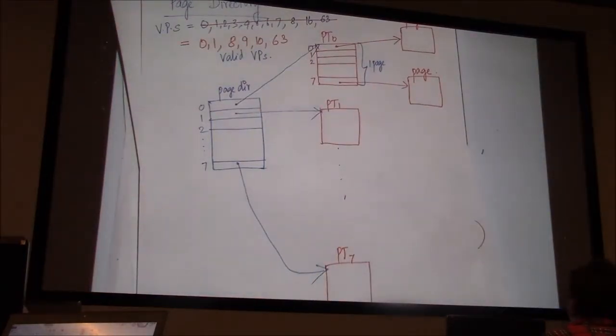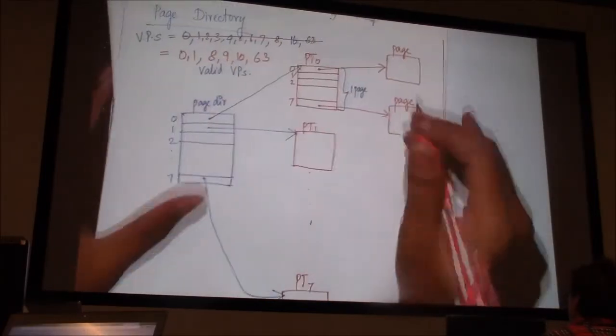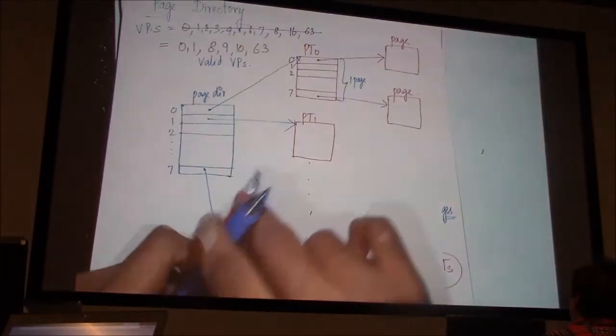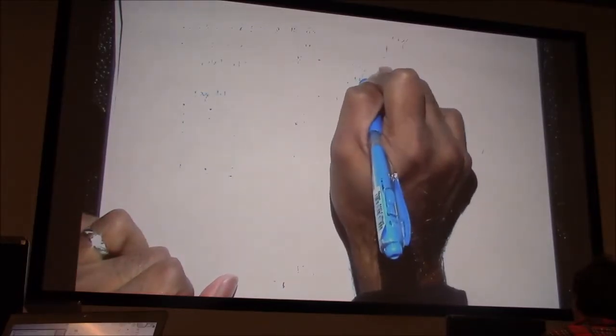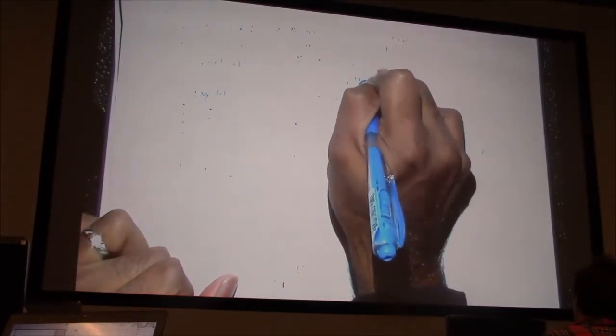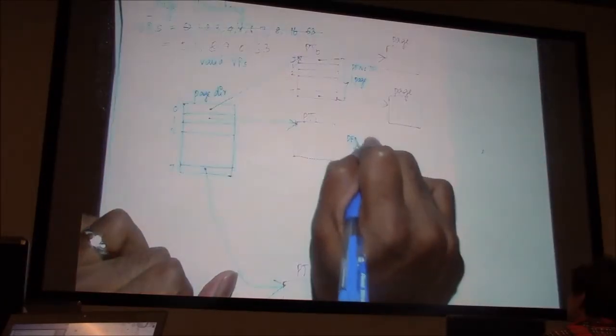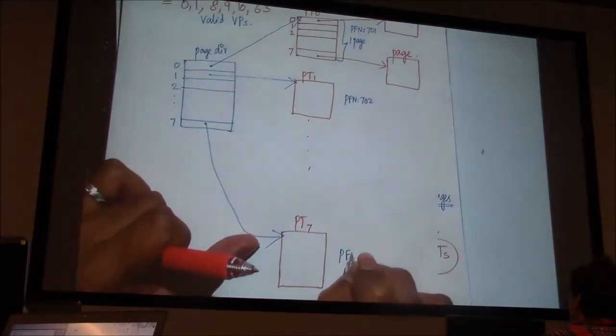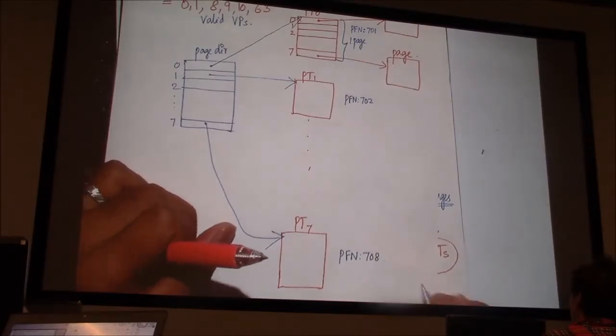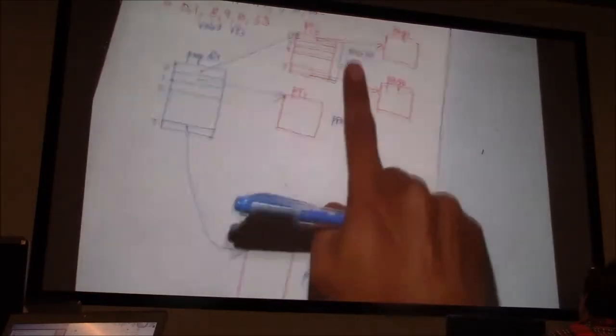Okay? By pointing here, we just mean, let's assume that if this page is in the physical frame number, if the physical frame number for this particular page is, let's say, 701, okay? If the physical frame number for this particular page is 702, if this physical frame number is 708, okay? These need not be contiguous.